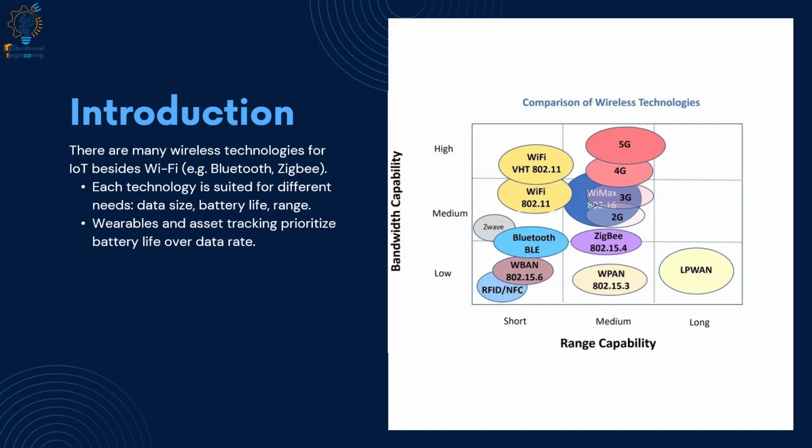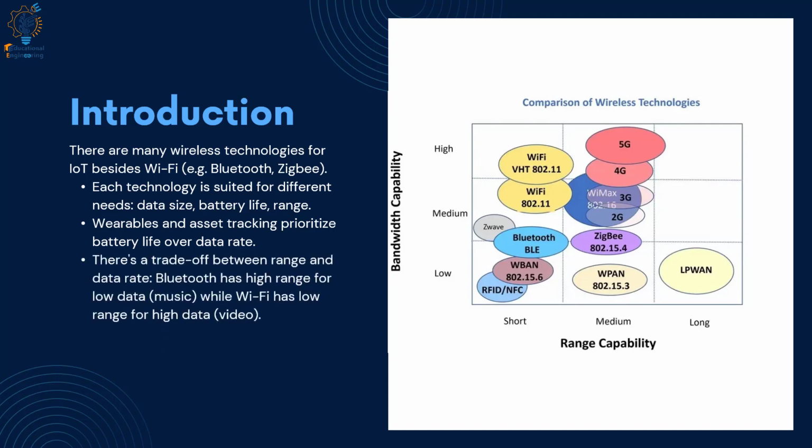Even though all these wireless technologies are useful and give our IoT devices cool features, they all have weak spots. The main issue usually comes down to a choice: how far can I send information, or the range, compared to how much information it can send at once, or the data rate.